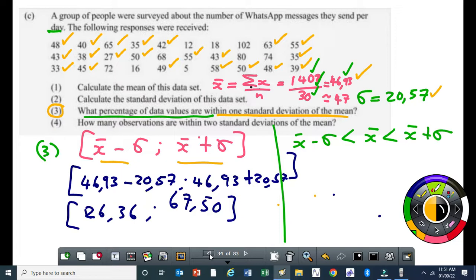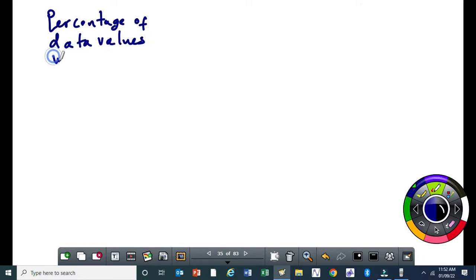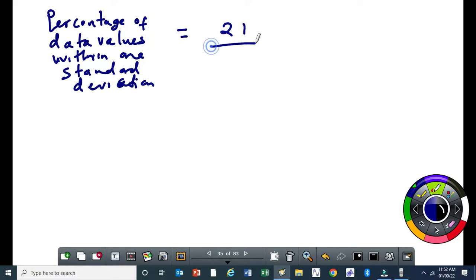So our answer, the percentage of data values within one standard deviation, will be equal to 21 divided by 30 times 100%, which is 70%.